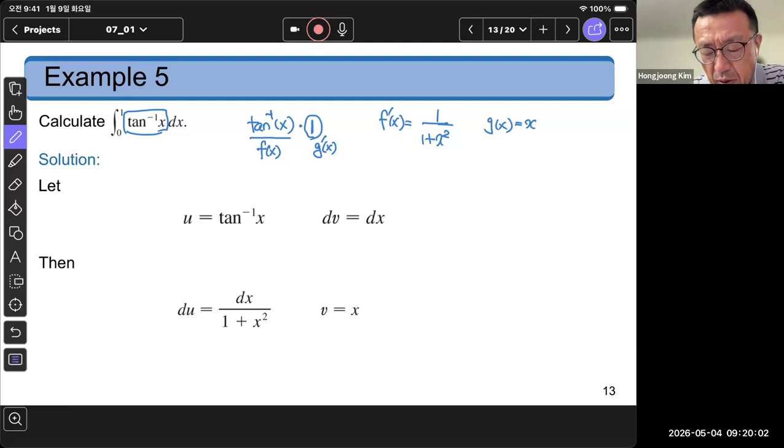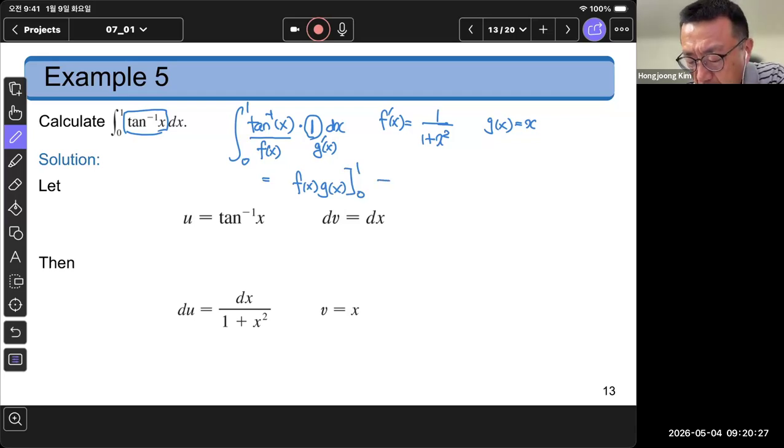So if I interpret this arctangent as arctangent times 1, then this problem will be f of x times g of x evaluated at 0 and 1, minus the integral of f prime, which is 1 over 1 plus x squared, and g of x, which is x, dx.